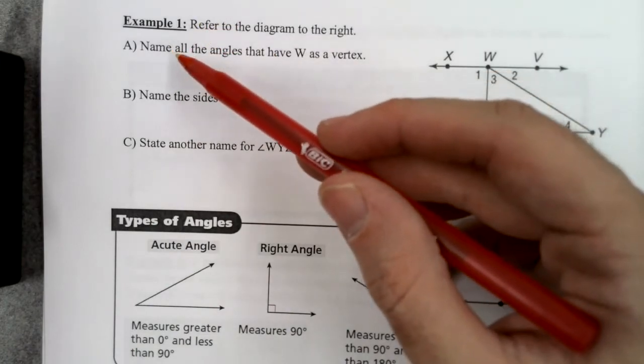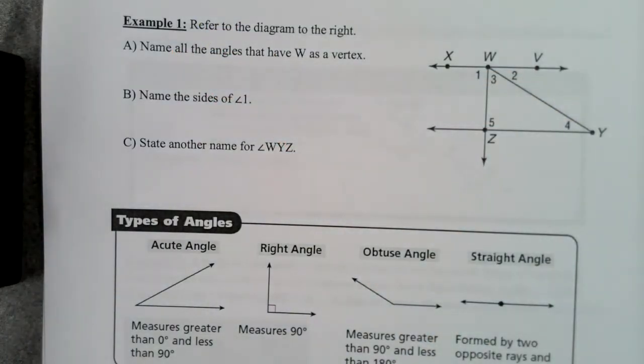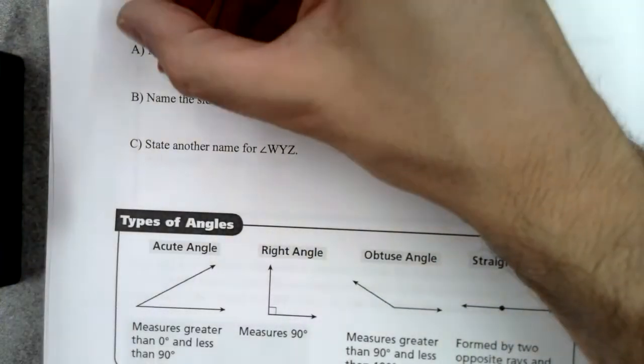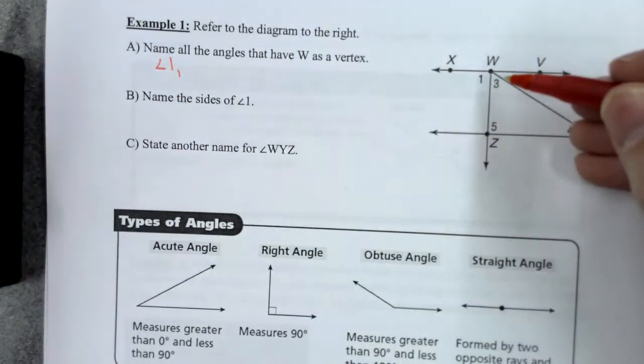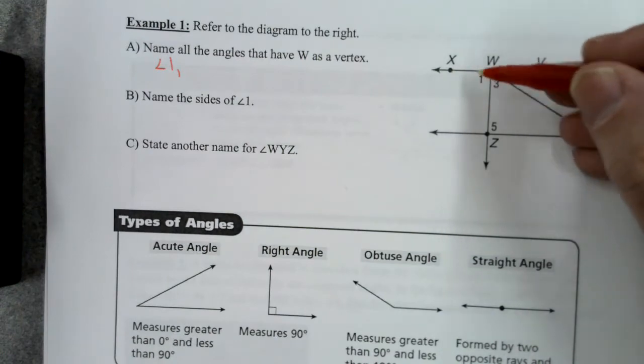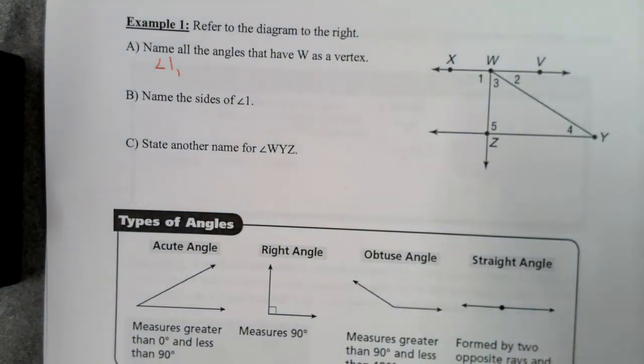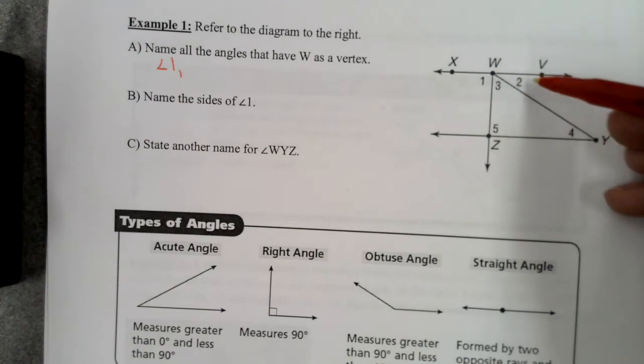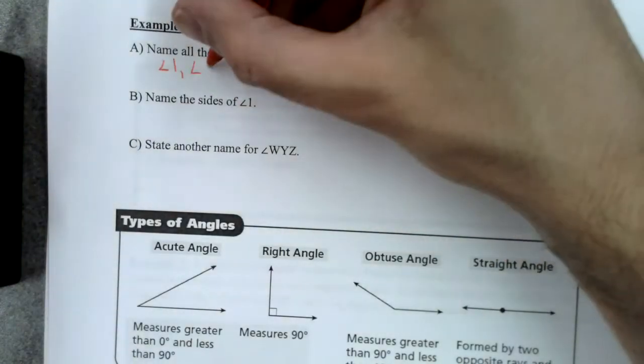Example 1A, name all the angles that have W as a vertex. Okay, so one example, angle 1 has W as a vertex. So does angle 2. Angle 2 has W as a vertex.